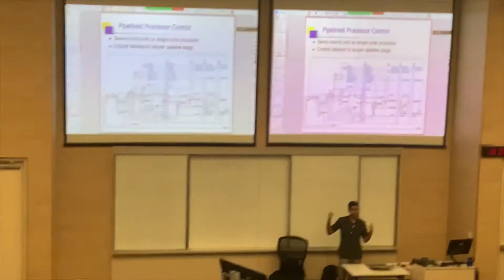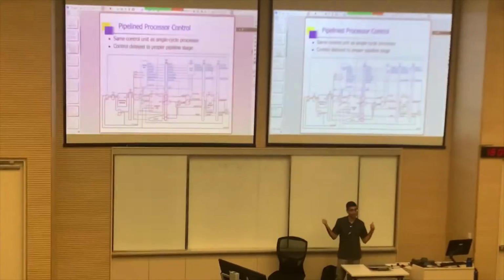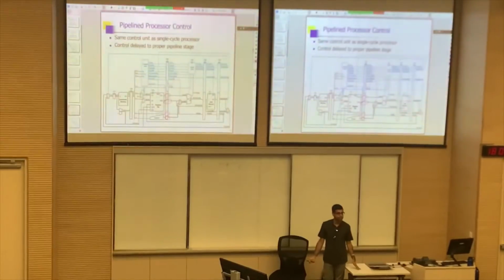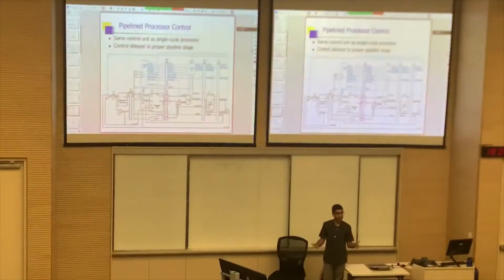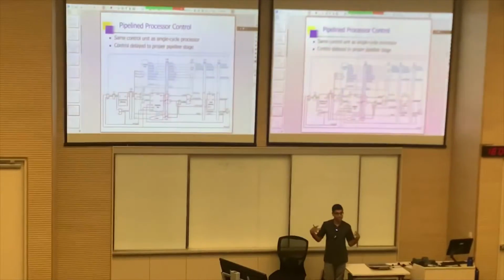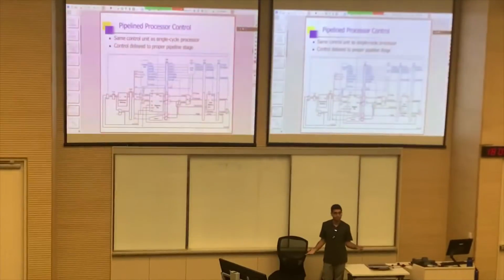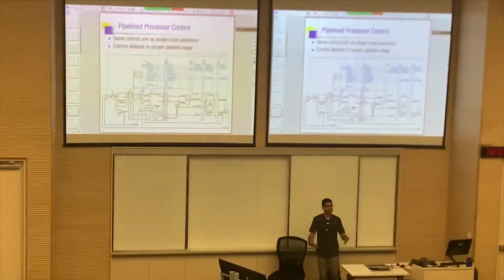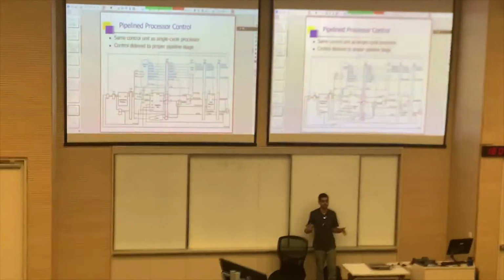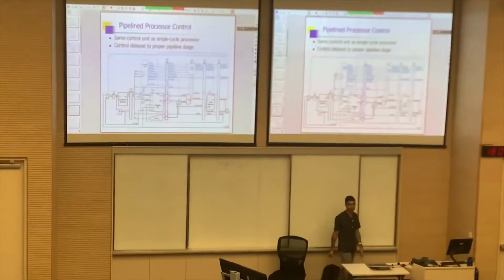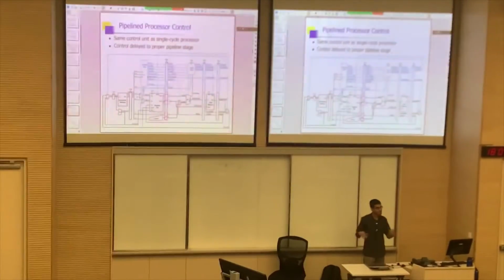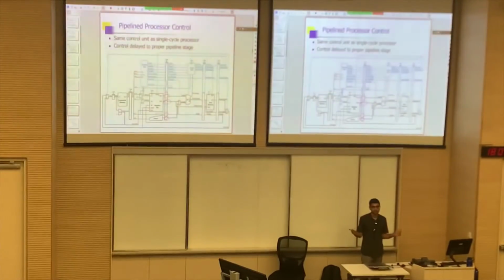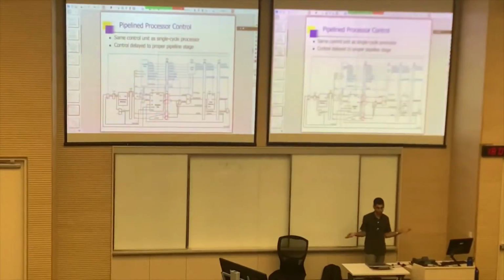If you add hazard hardware, the amount of hardware required increases even more. And then if you have stuff like branch prediction, which is absolutely essential for deeper pipelines, you need additional hardware. But all this hardware is thrown in with the hope that you are getting better performance, better throughput. So pipelining in its most fundamental form is a trade-off between performance and area or cost or hardware requirement.